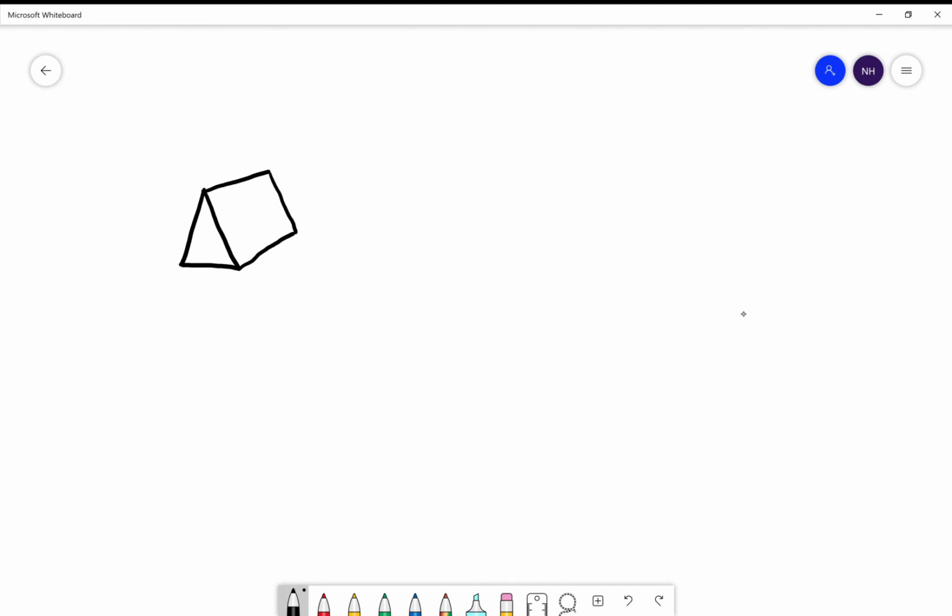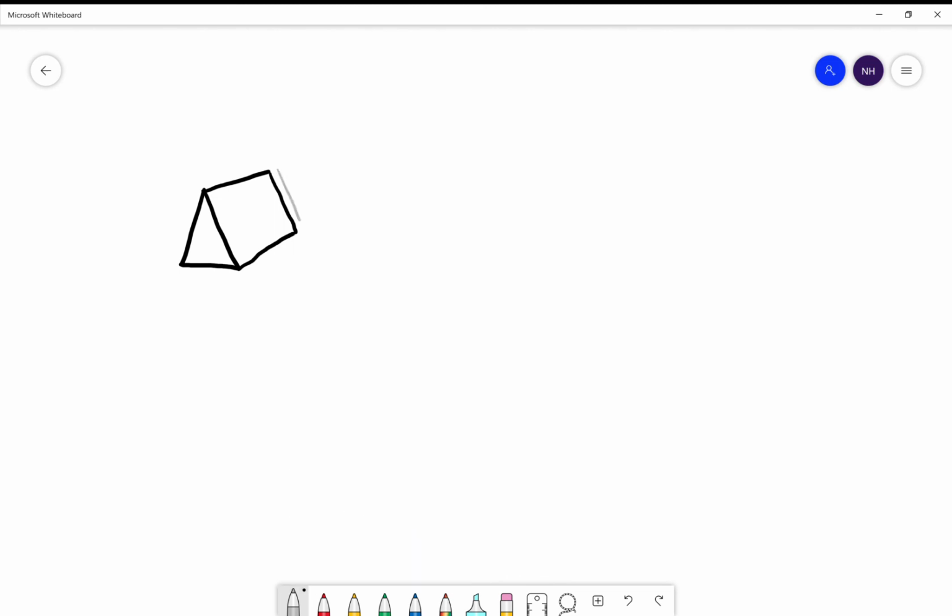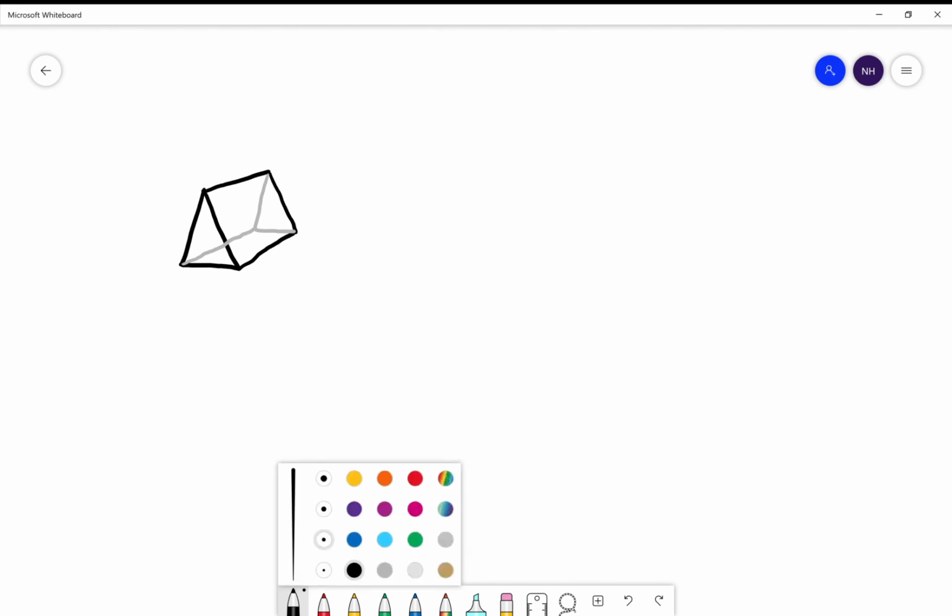But if you want to make it look transparent, which is basically what you might have to do to solve some of these, you just make this diagonal line right here into a triangle that looks almost the same as the first one, and finally just connect the two sides, and there you have it.